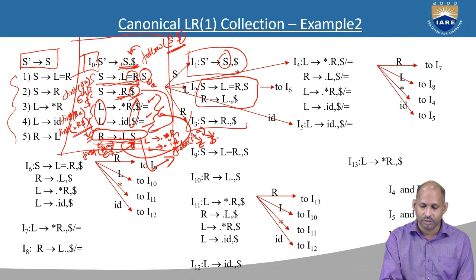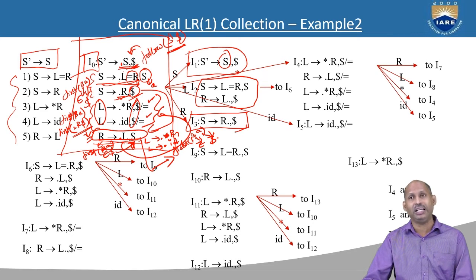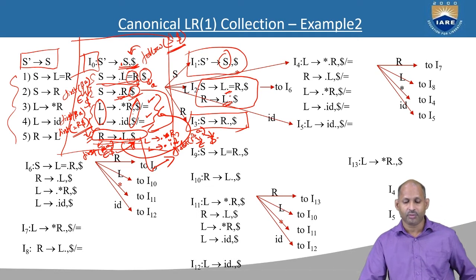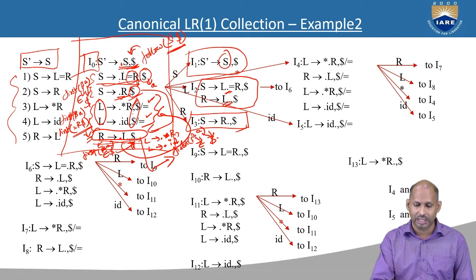This is I3. Dot R becomes R dot, dot L becomes L dot, then dot S becomes S dot.